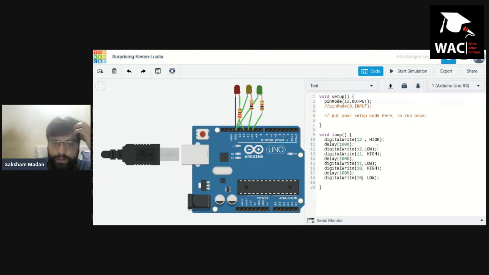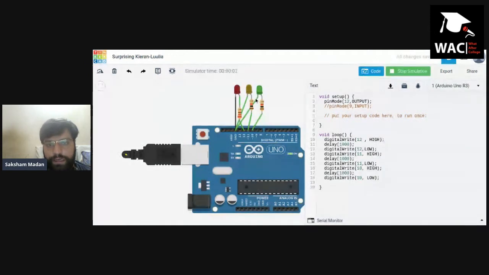Okay, so according to this, the first line, the red light turns on, it stays there for a second, then it turns off. Then as soon as the red light shuts off, the yellow light turns on, and it stays in the same state for a second. Then after a second, it turns off. Then the same for the green light. Start simulation. Okay, I guess it is visible to you guys.